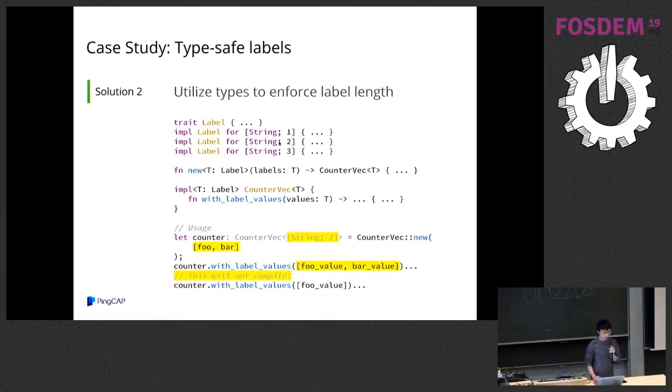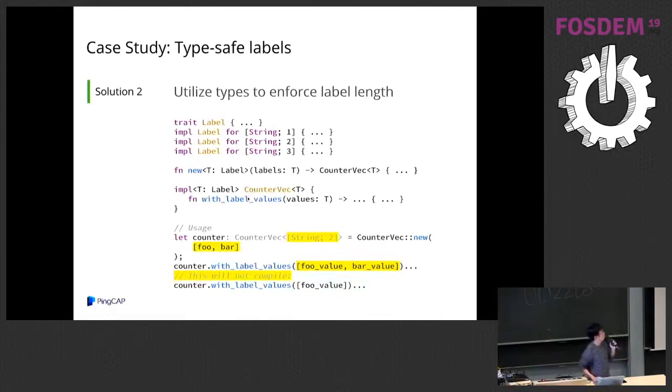These types are all labels. Next, I pass this type, called SomeLabelType, in the new function, and create a CounterVec containing this type T.